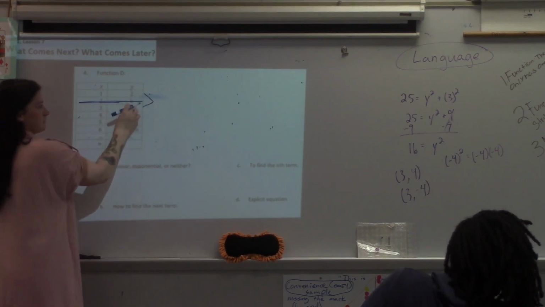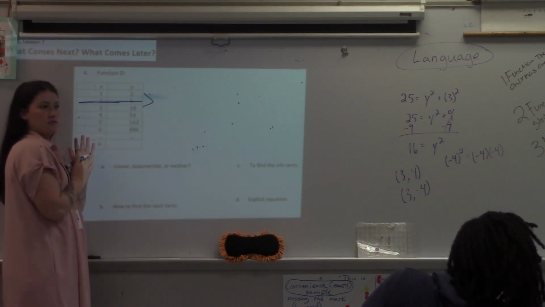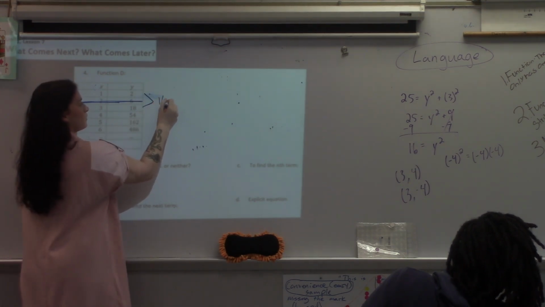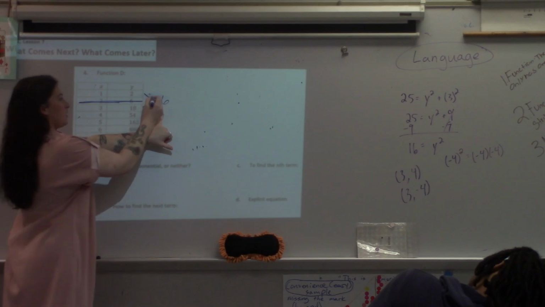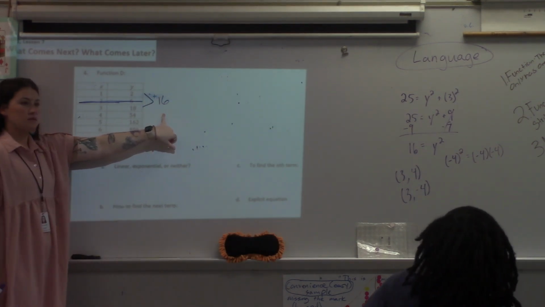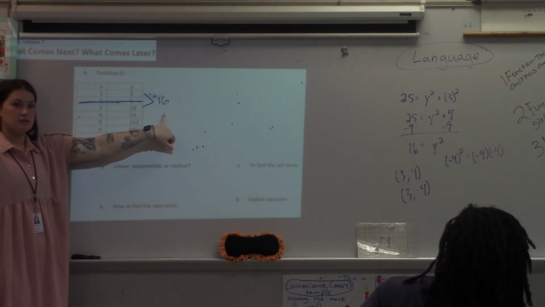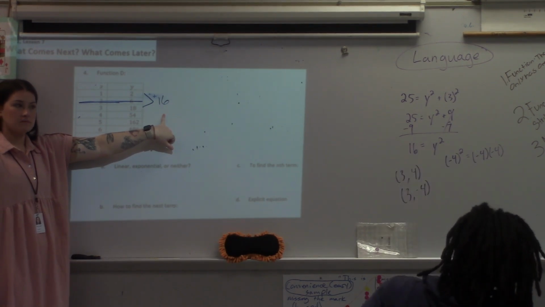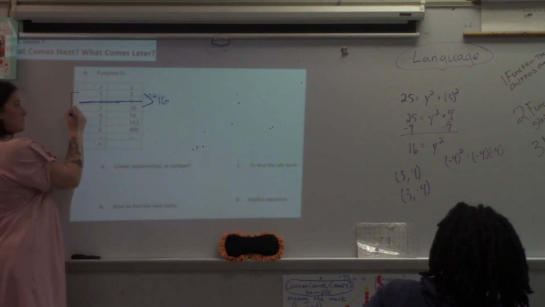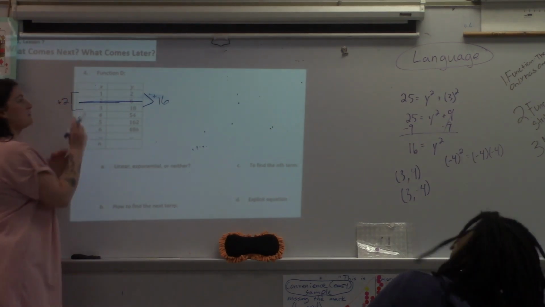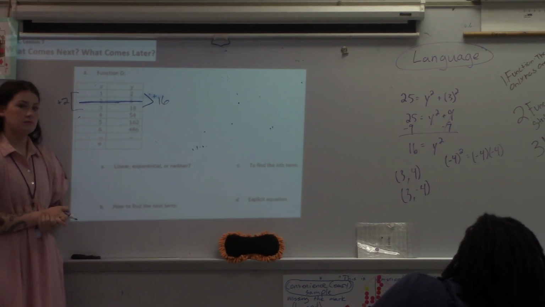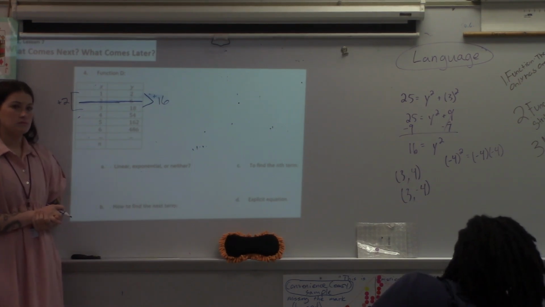What would the difference here be? 16. Would 16 be our slope? Why not? Why would 16 not be our slope? Any ideas? Output?